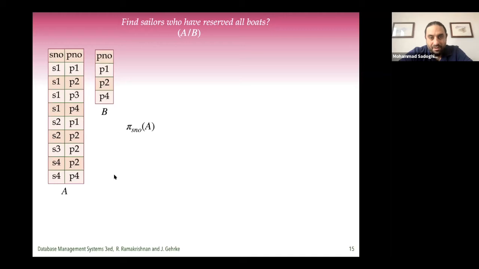What is this relational algebra going to give me? Projecting out SNO from A. What does this give me?